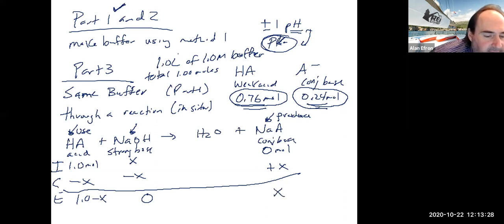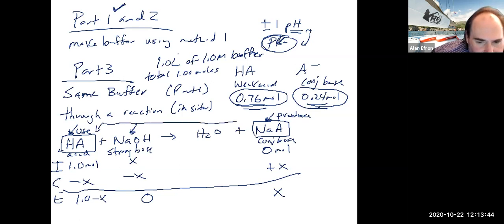And at this particular point, that would be a good ice table, because what I am left with is a weak acid and a conjugate base, and I do not have any more strong base there. And I have just made a buffer. Any questions up to that point?